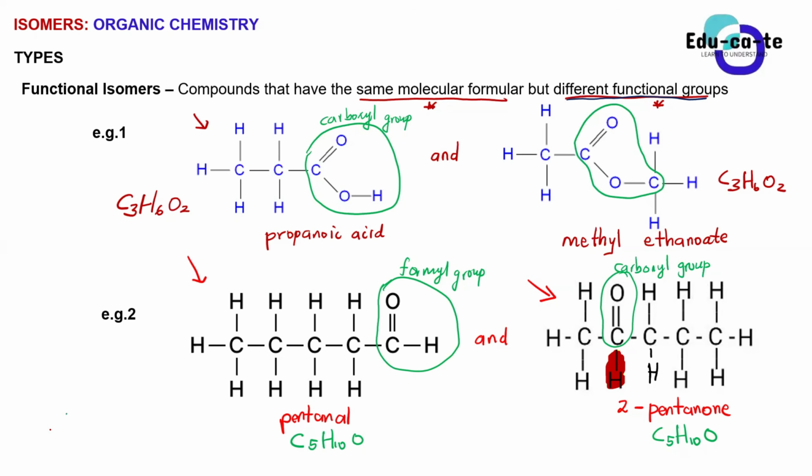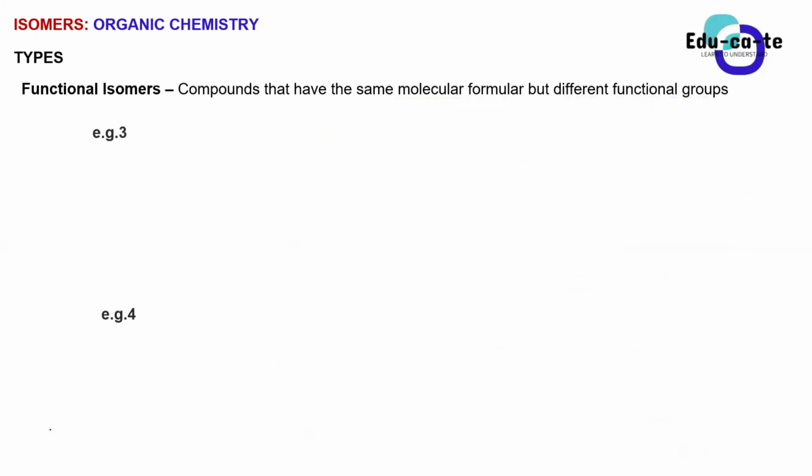So the 2 pairs of functional isomers that we have are this: the ketones, their functional isomers are aldehydes. But for carboxylic acids, their functional isomers are esters.